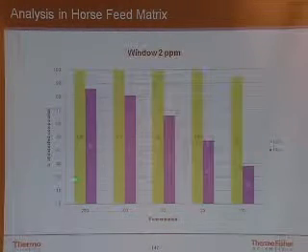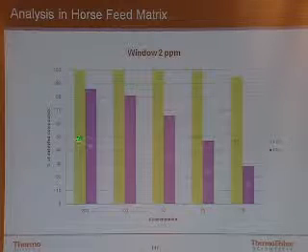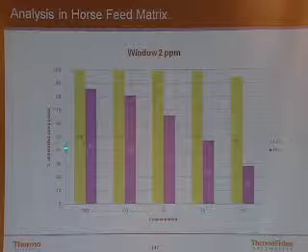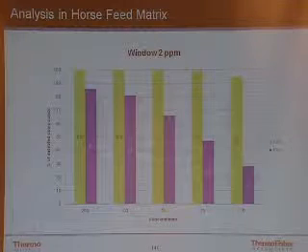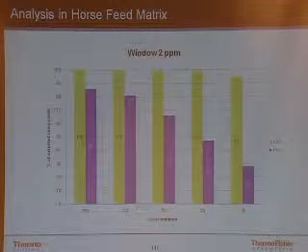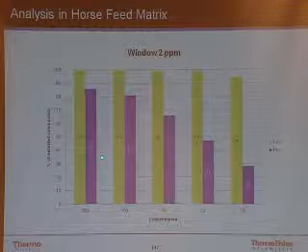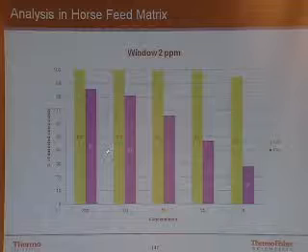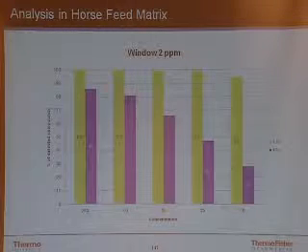Well, the green bar over here says that they were able to identify 100% of all of those 151 compounds in the horse feed. And in fact, if you're down to about 10,000 resolution, you're able to identify about 86% of the mixture.